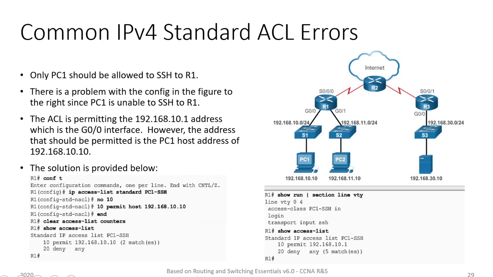Then, for example, another problem that we may encounter is, here at the router, what we are trying to configure is to permit PC1. So PC1 is the only one allowed to do SSH. So we are permitting SSH only from PC1.